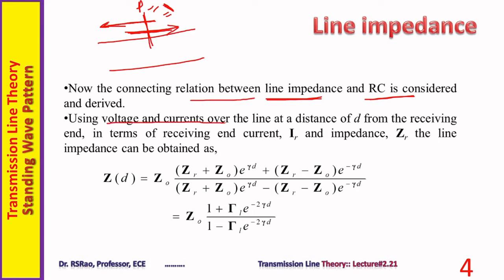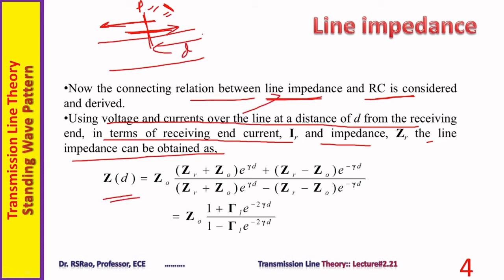How? Using voltage and currents over the line at a distance d from the receiving end, in terms of receiving end current and impedance, the line impedance can be obtained in this manner. See, impedance at a distance d from the receiving end.